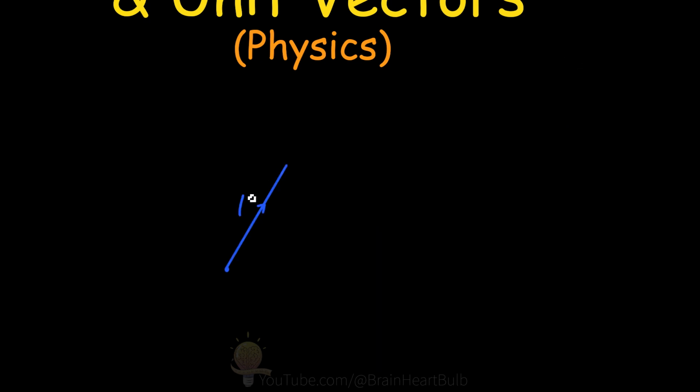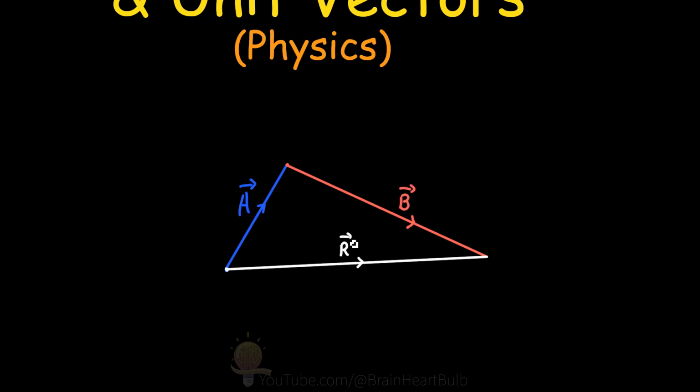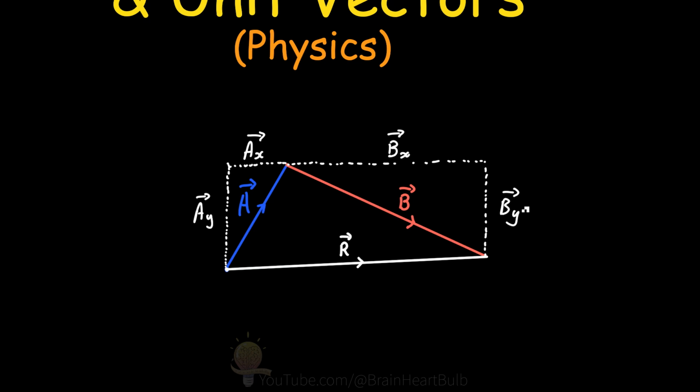For example, if we have these two vectors A and B, and we want to find their sum to get this resultant vector, we can break up vector A and vector B into its component vectors along the x and y axes, and add together each component to find the component vector of the resultant vector.